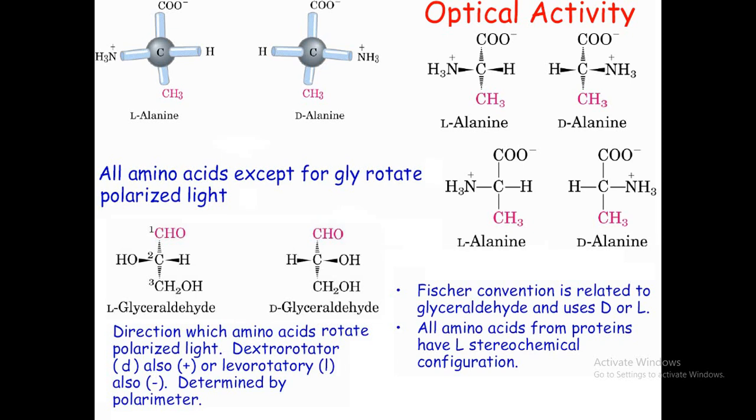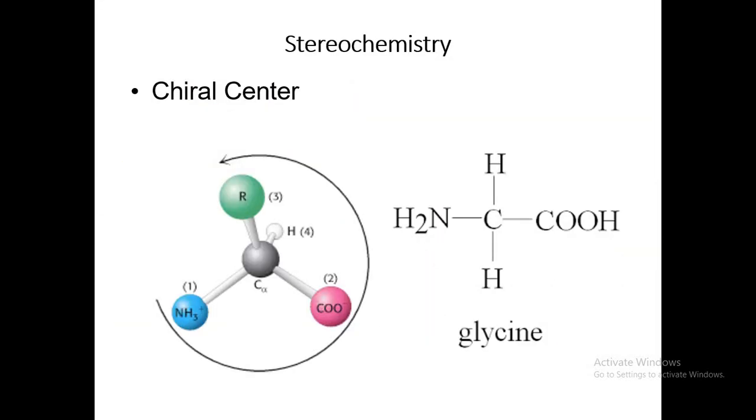So all those amino acids that can exhibit two stereoisomeric forms are optically active, except glycine, because glycine cannot rotate plane polarized light and is not optically active.